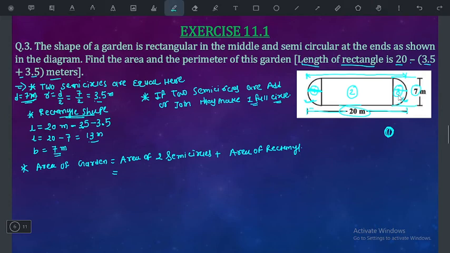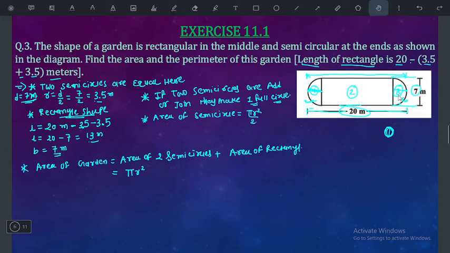So here we use the formula of the area of the circle, and that is pi r square. Area of a semicircle equals what? Pi r square by 2. Why?